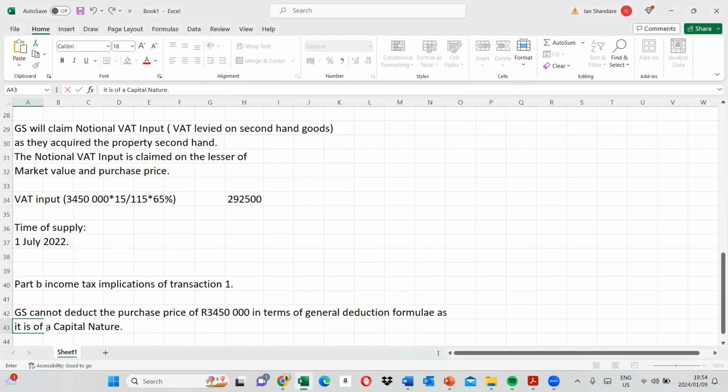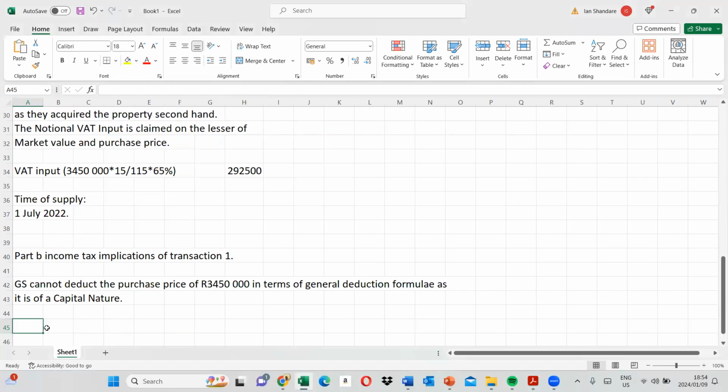Remember, in terms of your general deduction, what does it mean? It says expenditure and losses actually incurred during the year of assessment, and not of a capital nature. In terms of section 11(a), you guys don't necessarily need to quote that, but for an amount to be deducted, it must meet the general deduction formula.